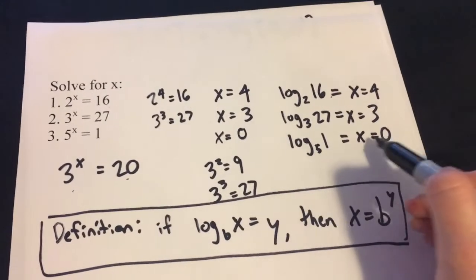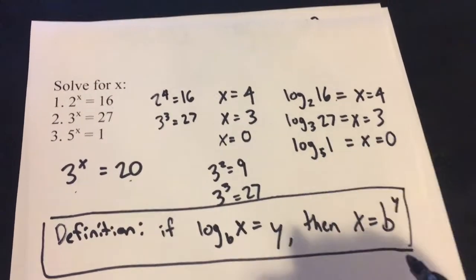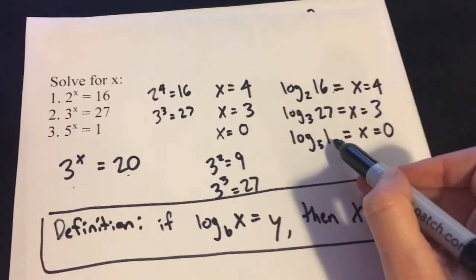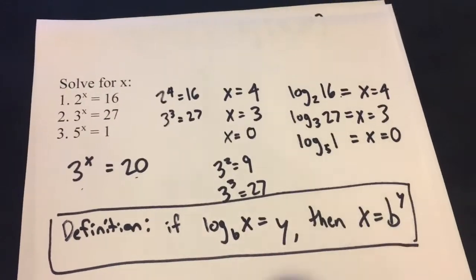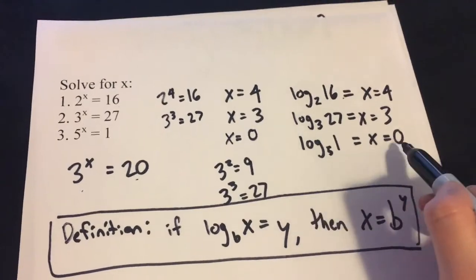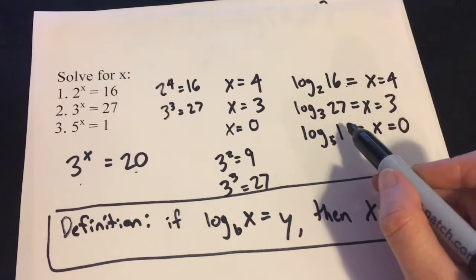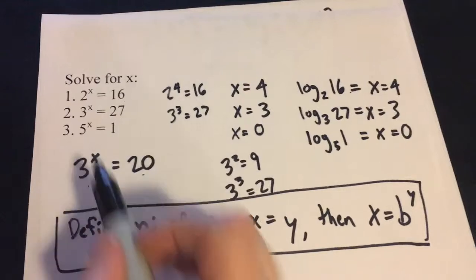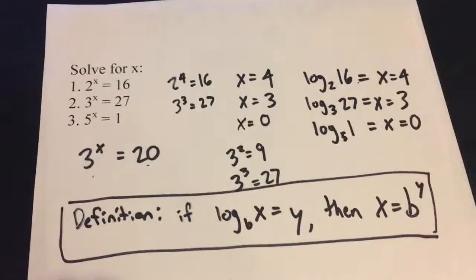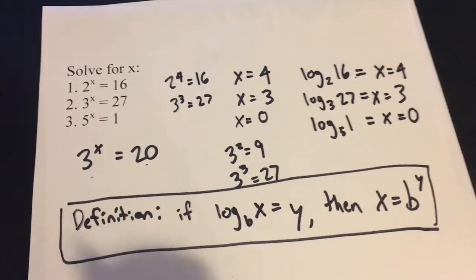This base raised to this power gives you this number. So 5 to the 0th power gives you 1. B to the y power gives you x based on this definition. So the base to the other side of the equation power gives you this number. So we could rewrite this equation using a logarithm.